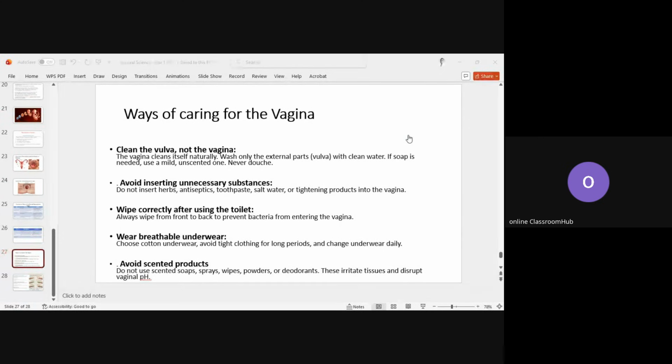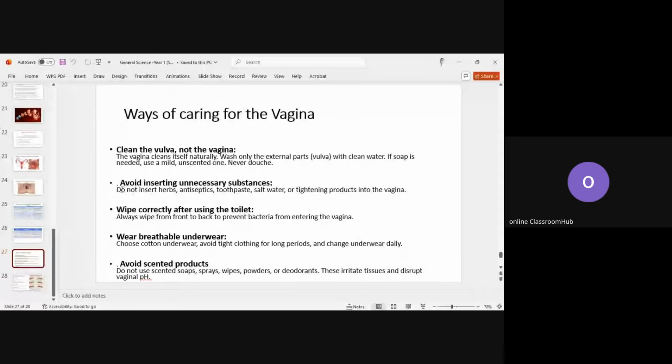It needs to be cleaned. But the vagina has the ability to clean itself. So when you are bathing, you only have to clean it naturally with water to wash the external parts. That is what you should do.